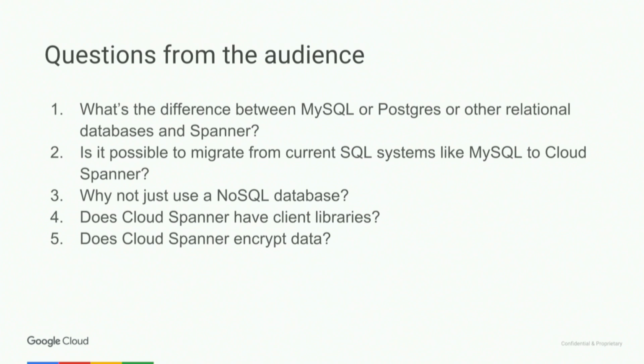But the first question that we have is, what's the difference between MySQL or Postgres or other relational databases and Spanner? So if you look at traditional relational databases like MySQL, Postgres, or any of the big vendor databases, they are by default a vertically scalable system. Cloud Spanner, on the other hand, is a horizontally scalable system without giving up any of the nice criteria of a relational database.